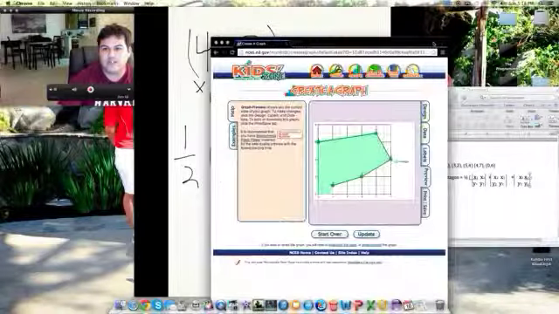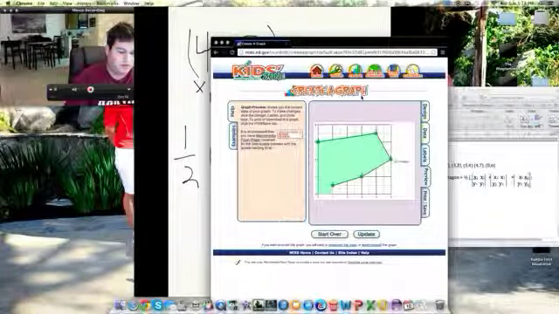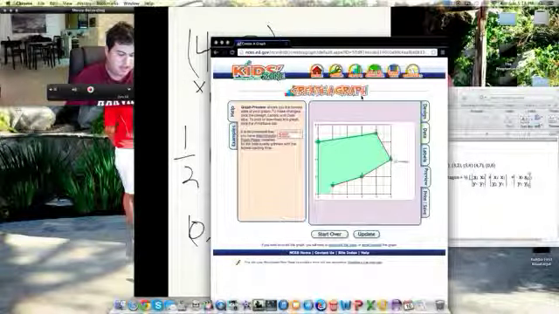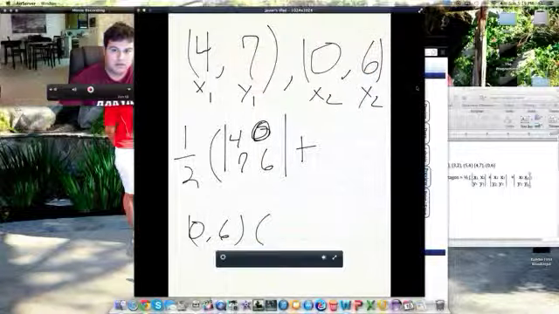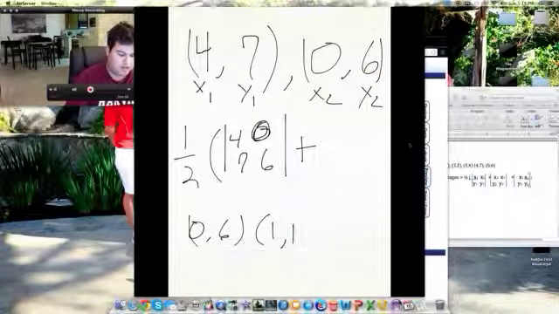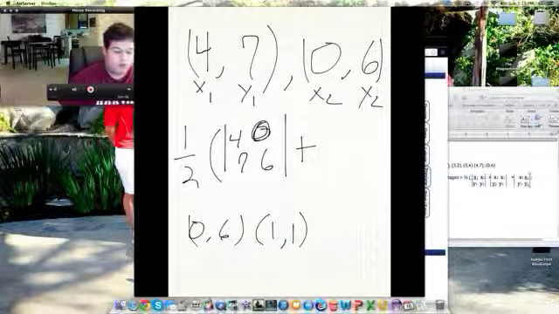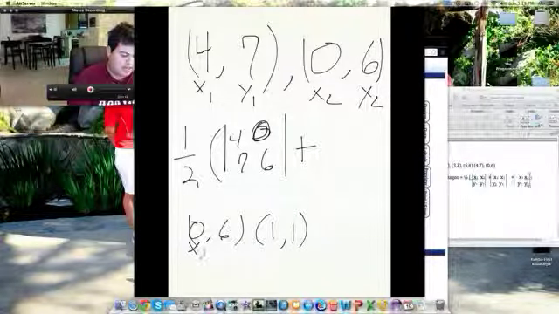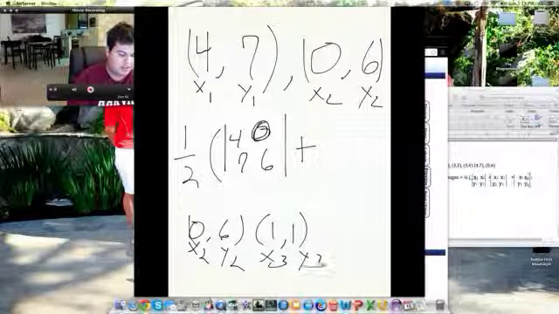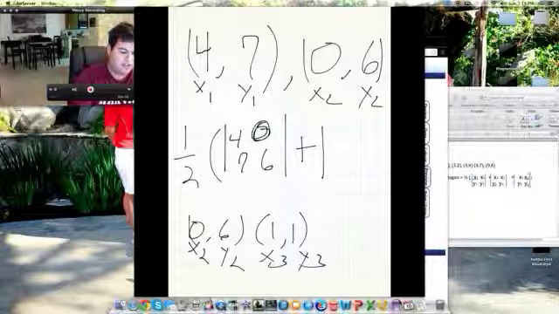According to this nice little graph here, it is (1, 1). So I'm just going to do my math here: 0, 6, and 1, 1. Now, this is x2, y2, x3, y3. So I have 0, 1, and 6, 1.